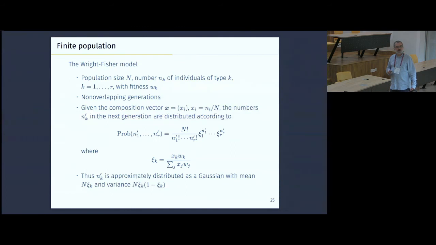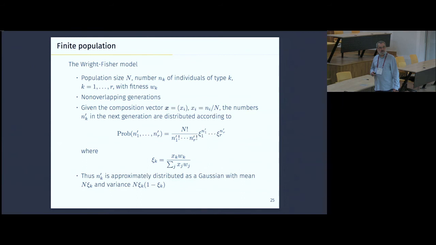So here we have that the probability that you have a certain composition, n1 prime to nR prime, in a finite population of size big N, is given by this multinomial coefficient, times the product of this probability psi I to the power n prime I. And the psi I is given in terms of the frequency of type I in the previous generation in this way.